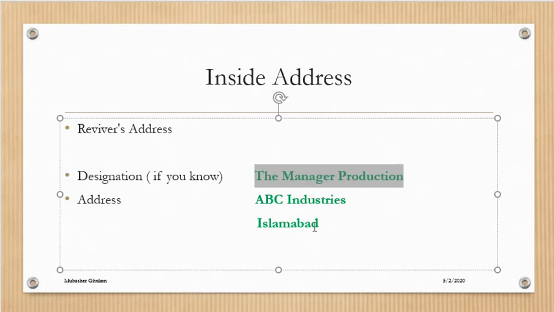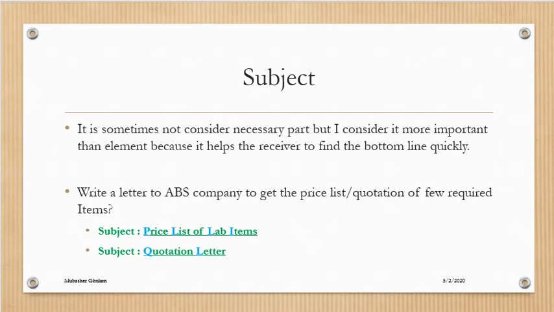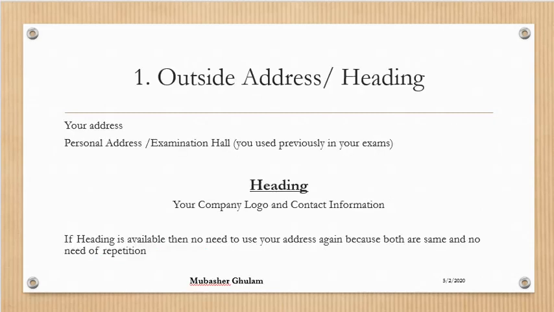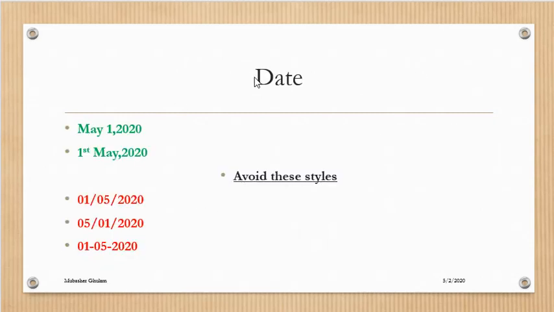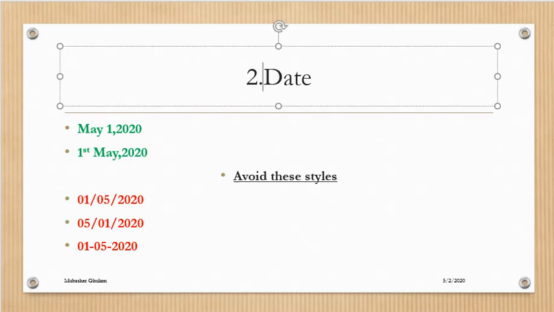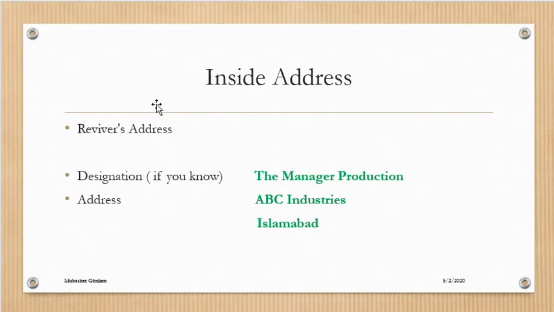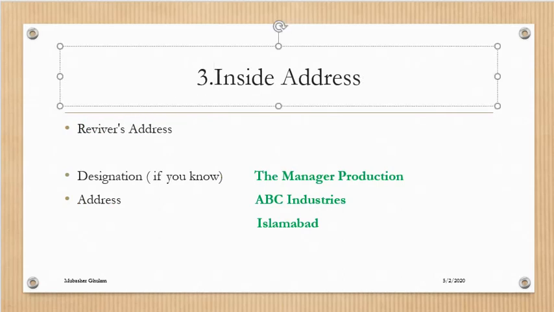This is the inside address. Whoever is being addressed, his address, designation or name is mentioned in this part. This is basically the third part. The first one was the heading, the second one is the date, then you leave one indent because these are separate segments, and the third one is the inside address.